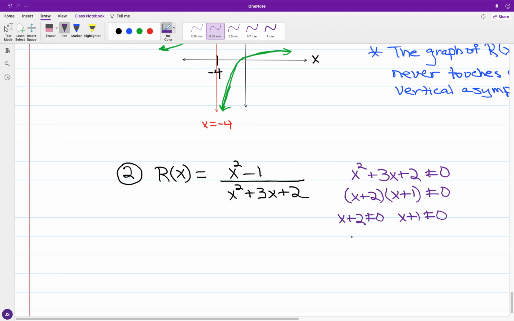So x plus 2 cannot be equal to 0, so x cannot be equal to negative 2. And for x plus 1, if that cannot be equal to 0, then x cannot be equal to negative 1. So we're going to have a couple of exclusions from the domain. At the lowest end, we have those values leaving out -2.